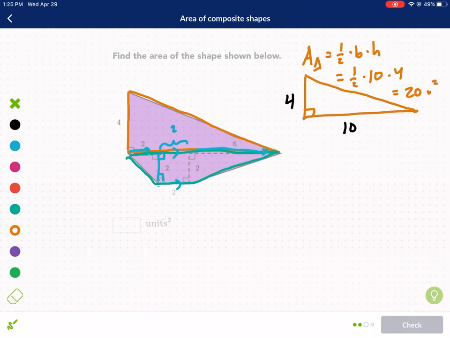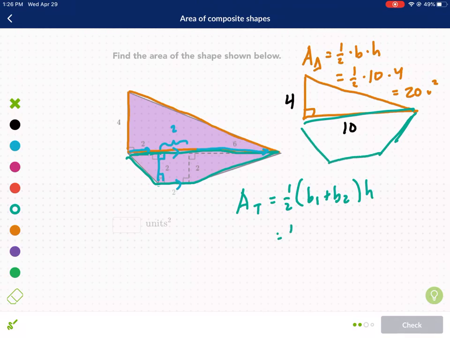We're not done. We still have to add the total area of the trapezoid. The area of the trapezoid is going to be equal to 1/2 base 1 plus base 2 times the height. Now we already know all these pieces of information. The base is shared with that big triangle, so we know that the base is 10. So 1/2 times 10 plus the other base, which is 2, times the height, which is 2.